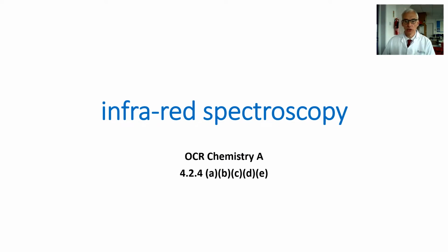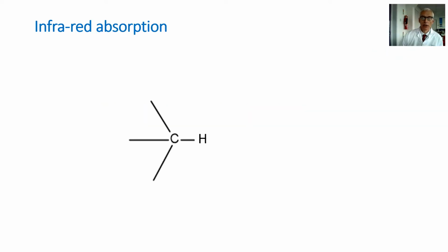Infrared spectroscopy. So, infrared radiation can be absorbed by covalent bonds, but each covalent bond will absorb infrared radiation at a certain wavelength or energy. The absorption is achieved via the idea that the covalent bond will vibrate.